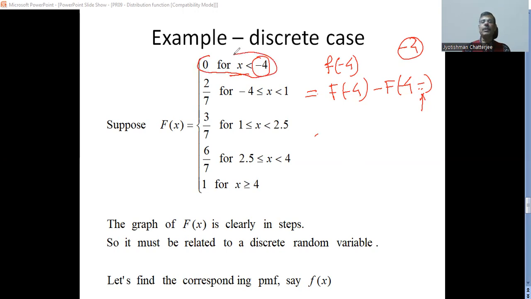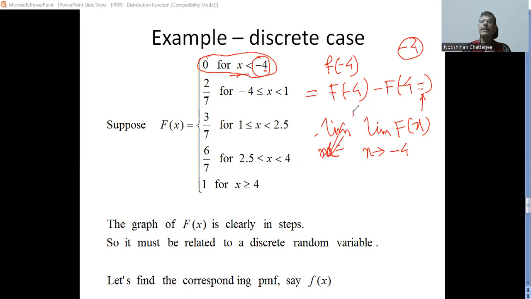So in order to calculate the limit as x tends to -4 of capital F of x, all we need to know are the capital F(x) values for x less than -4. We don't need the value at the point -4. Please take a note of that.